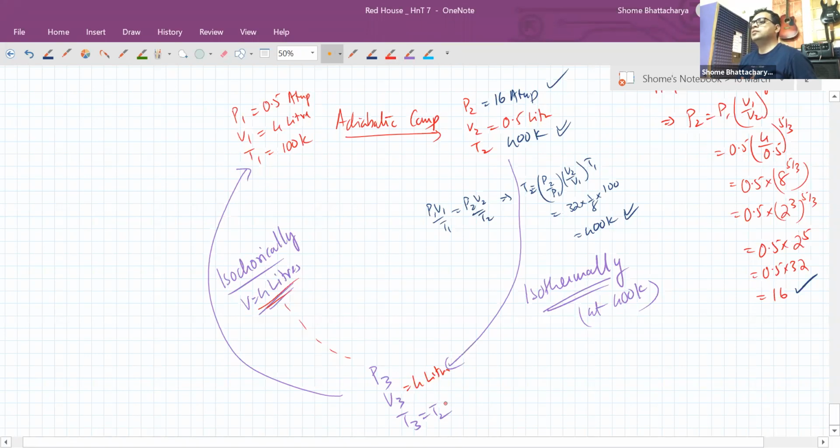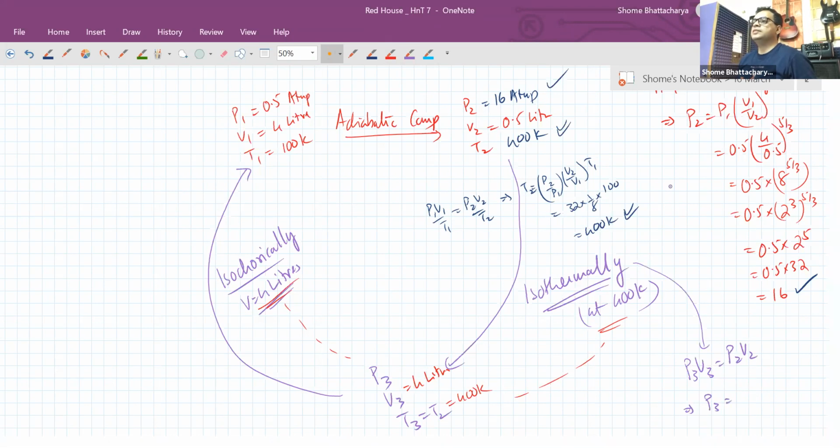This tells you this, and this tells you this. Okay. So now in the isothermal process, where pressure into volume is constant, the volume is becoming 8 times.